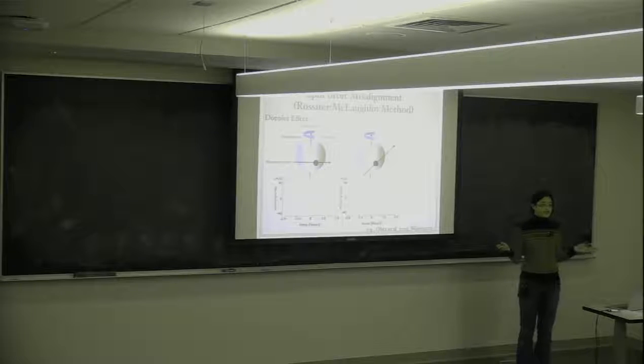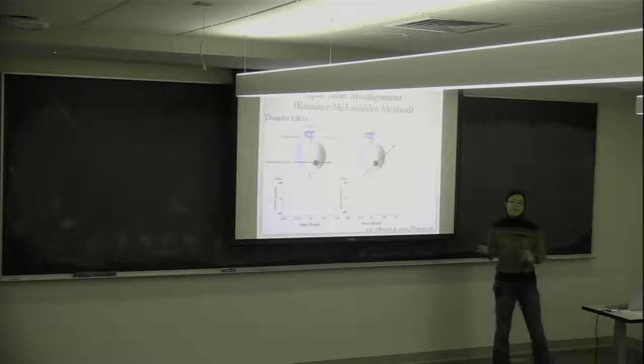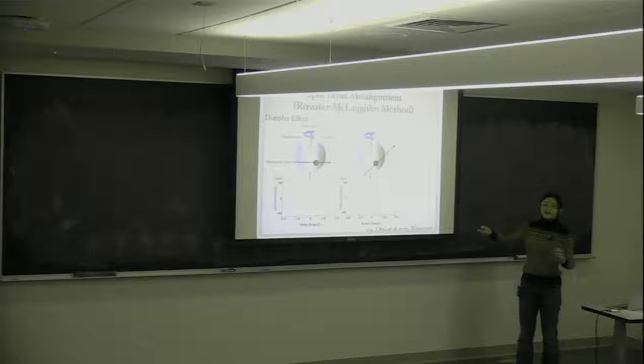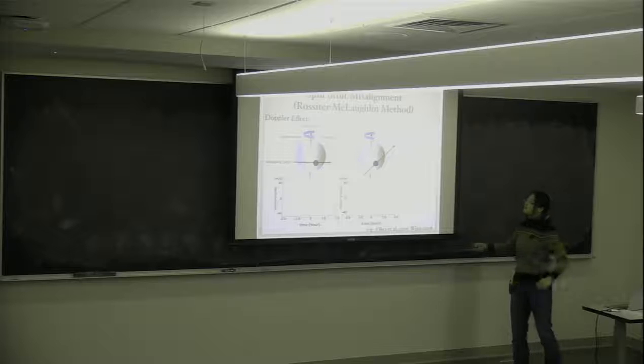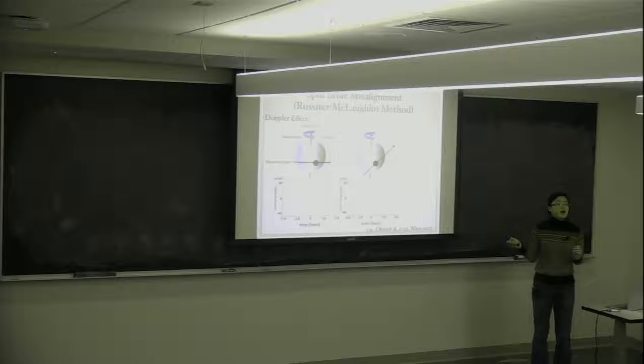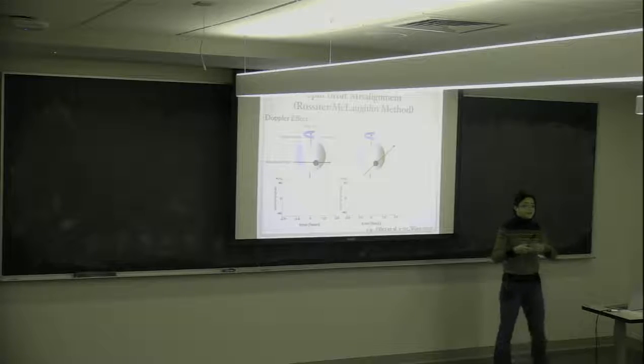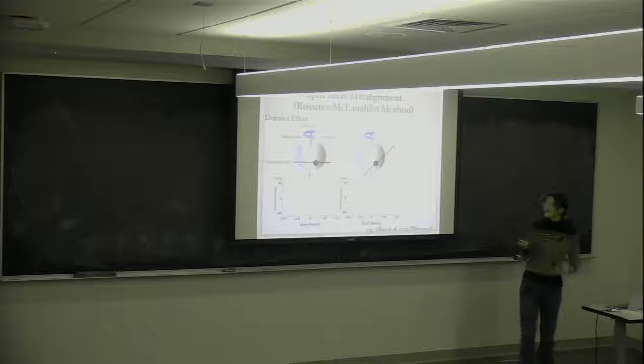So for most stars, the stars are rotating. So half the star is approaching us and the other half is receding from us. As the planet orbits across the star, it will block either the approaching side or the receding side. And this will leave a velocity anomaly for the whole system.